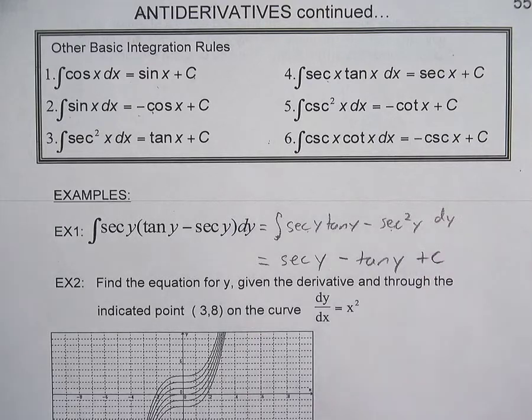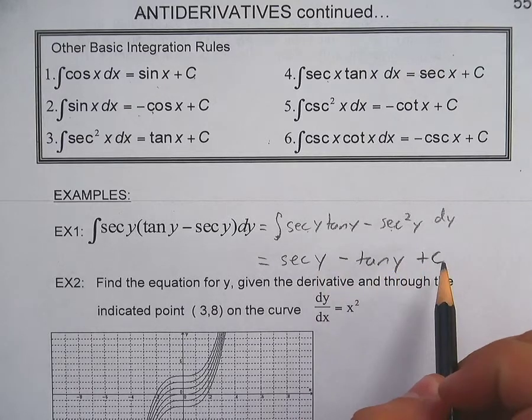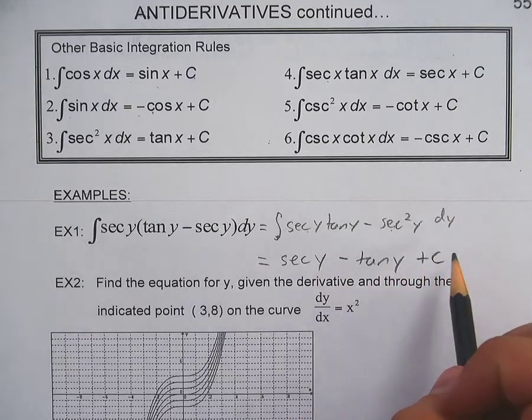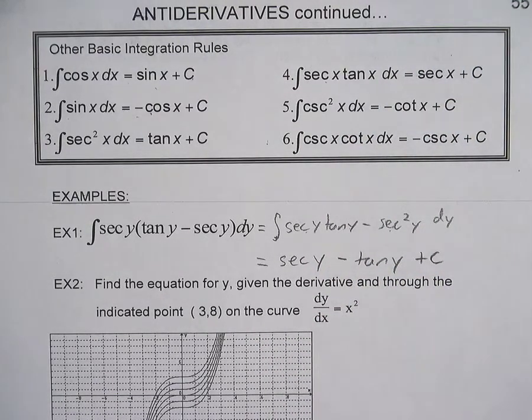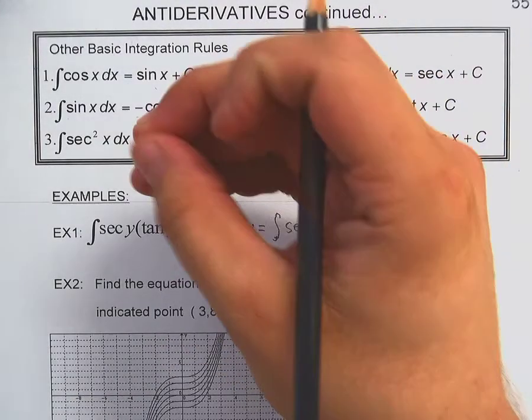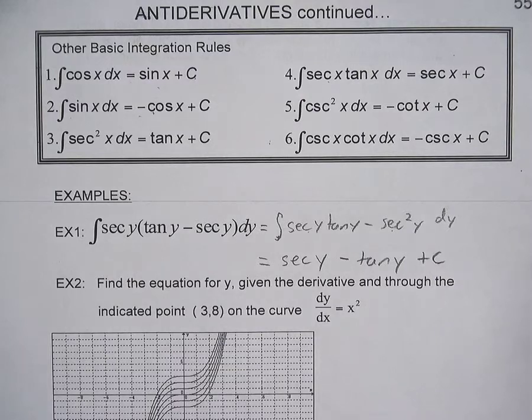And I'm going to save my plus c for the end. Now, I don't have to do secant y plus c and tangent y plus c and then combine them to 2c, because c just stands for a number I don't know. It could be 2c, it could be 1,000,000c. Who cares? It's a number I don't know. So just combine all the c's into one c. Kind of like the oceans.